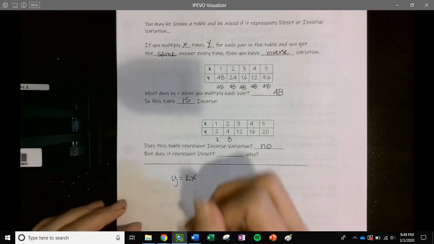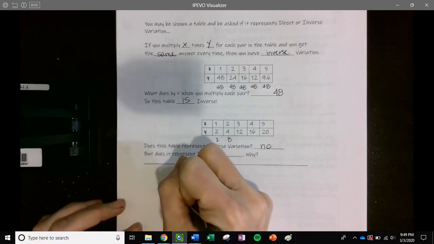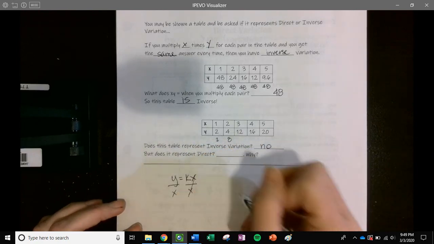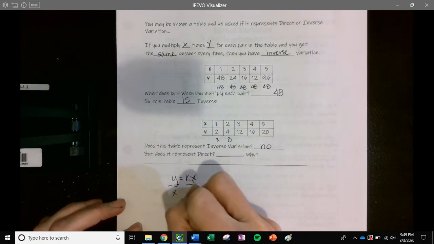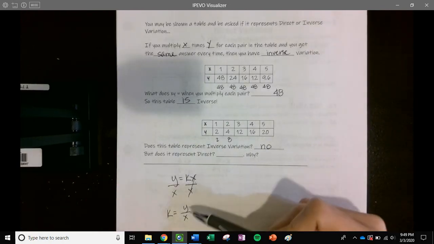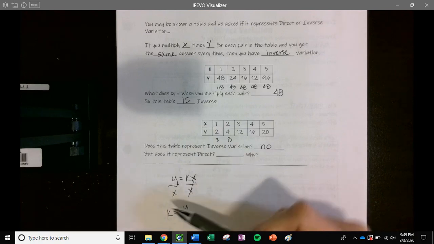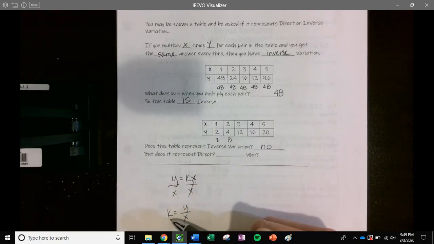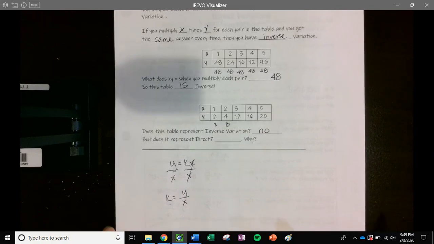If I rework this a little bit and get k by itself, if I divide by x and divide by x, now I have k by itself. K equals y divided by x. So if I can divide y by x and get the same answer every time because k has to be a constant, then we'll know that we do have direct variation in this table.